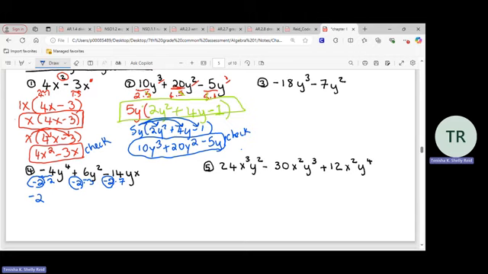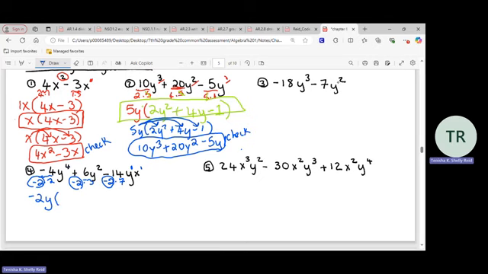So now I look at the variables. This one has y^4, y^2, and this one has a yx. Technically it has a y to the 1 and an x to the 1. Do they all have a y? Yes. So we're going to factor out 2y.